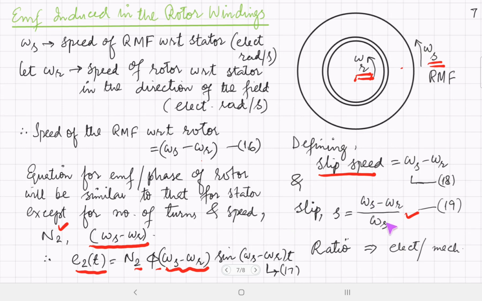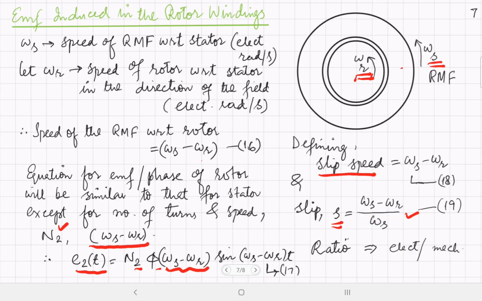Now, since this is a ratio, it is immaterial what the units of these are, whether electrical radians or mechanical radians; that will not matter. This is a dimensionless quantity s, and instead of using the speeds in radians per second, we can use RPS also.